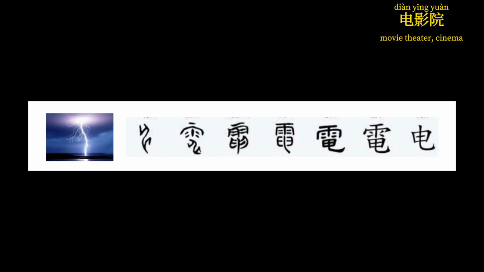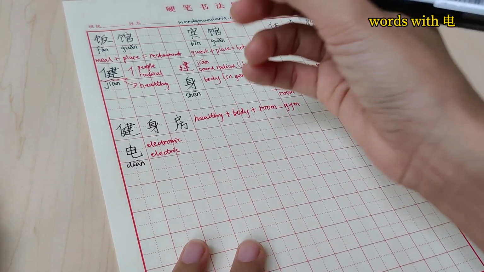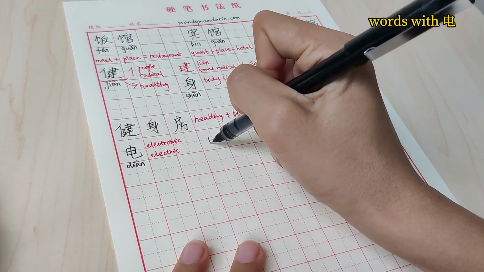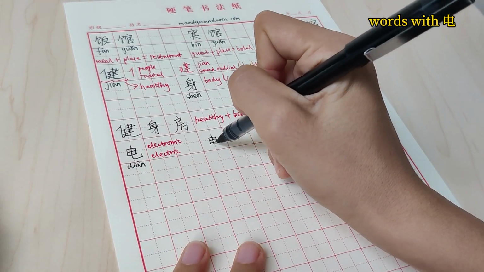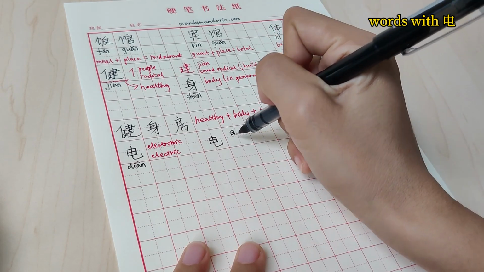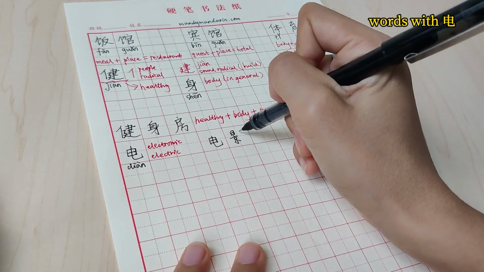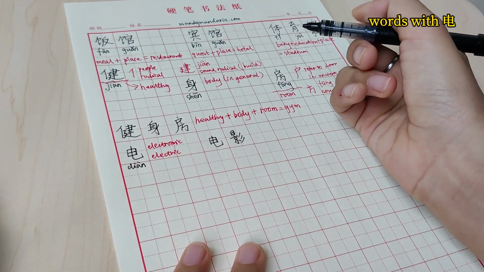It makes sense. Speaking of 电, there are several words that come with the 电, and I would like to show you some examples. The first one is 电影. Ying. Here's the 日. And 1, 2, 3.